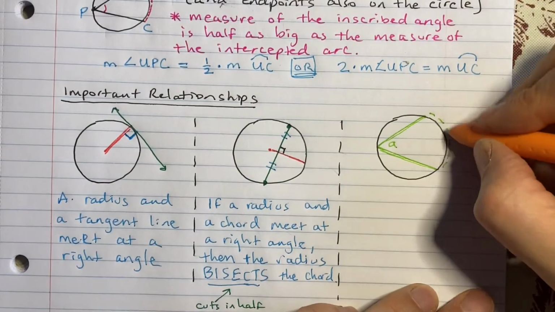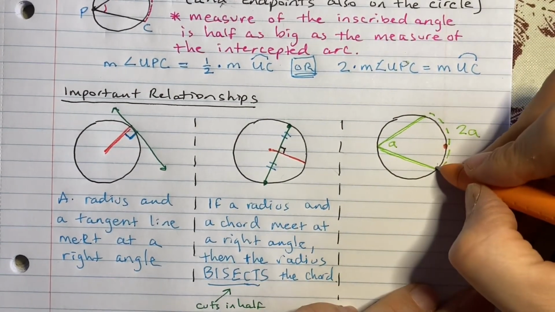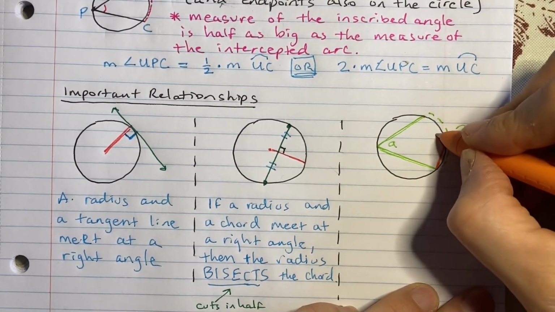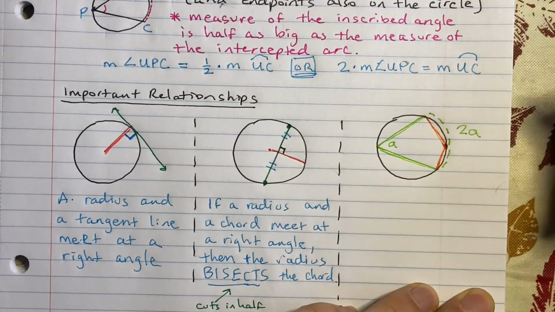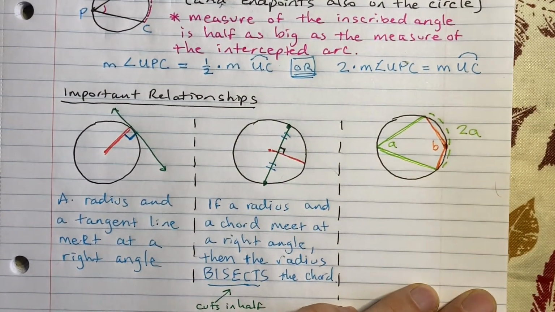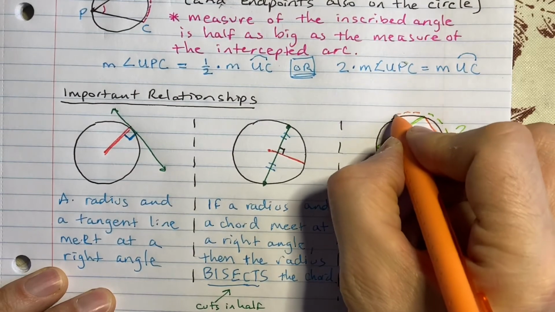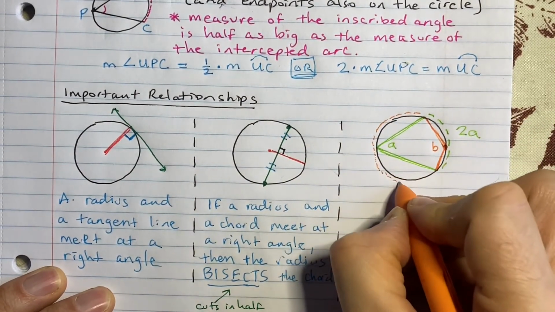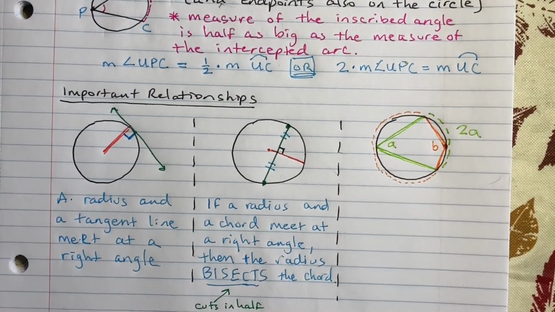Well, if you choose a point anywhere on that arc, I pick this one, and then connect the other edges, you're going to make another inscribed angle. Let's call the measure of that inscribed angle B. Now, if you draw an orange arc going all the way around the outside here, that's going to be a major arc now, because that's more than halfway around the circle.